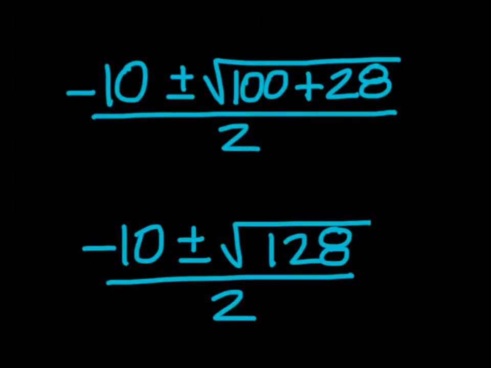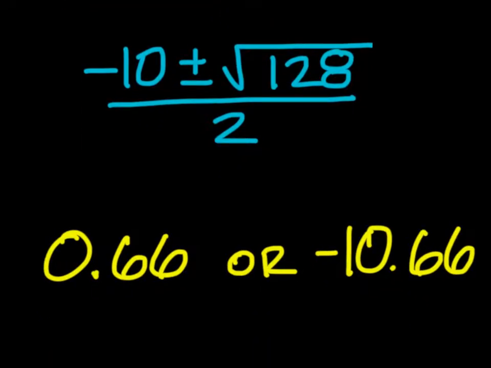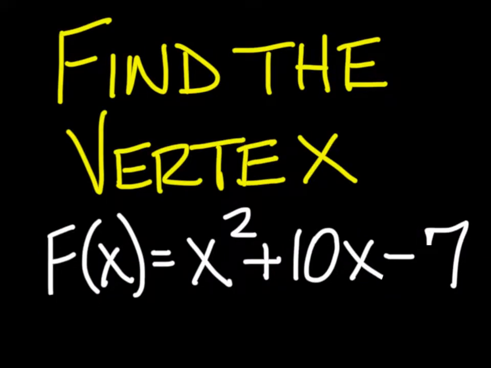We're going to round this to 2 decimal places so that we can find an accurate spot on the graph to put it. So if you add and then do the division, and then subtract and do the division, you should come up with 0.66 or -10.66.